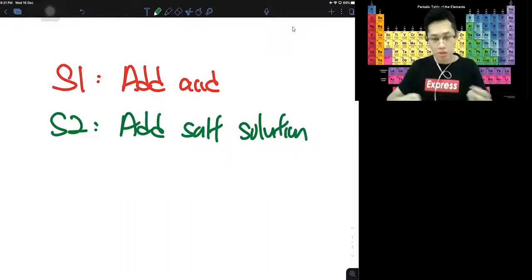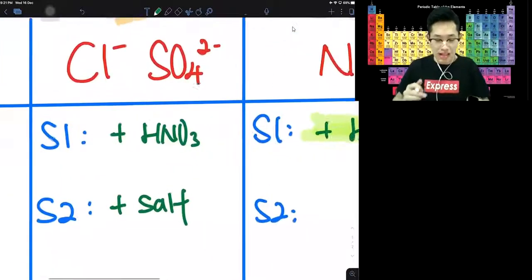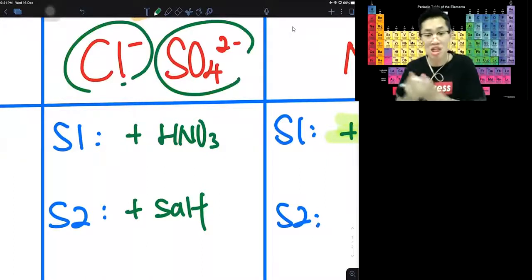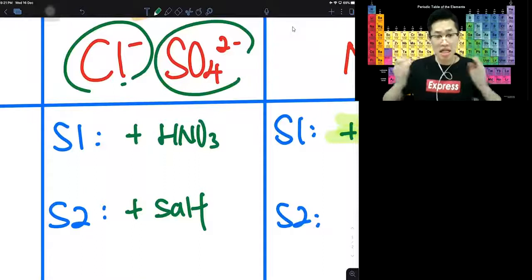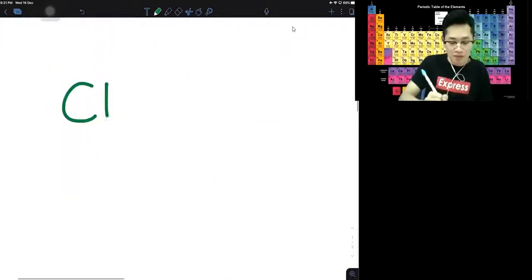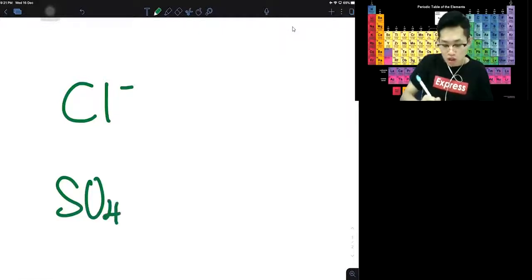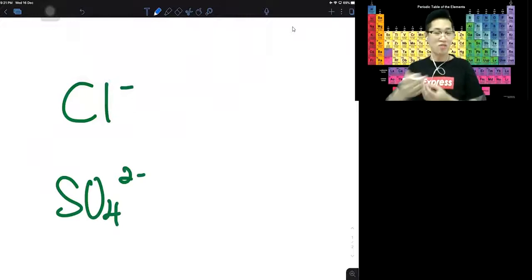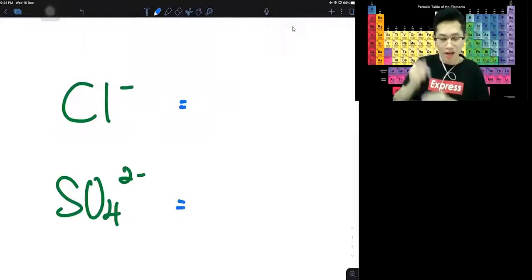A salt solution that will make chloride and sulfate become insoluble. Just in case you do know about this, let me mention it again. For the solubility of salts, I think if you are my students since Form 4, then you will know this. Chloride and sulfate.